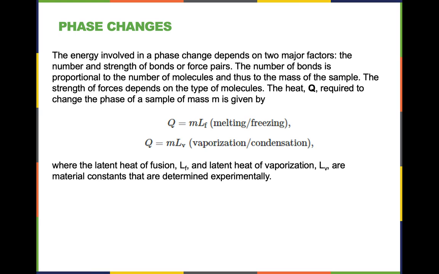The heat, Q, required to change the phase of a sample of mass m is given by Q equals mLF, melting or freezing, and Q equals mLV, vaporization or condensation. So LF is latent heat of fusion, and LV is latent heat of vaporization.